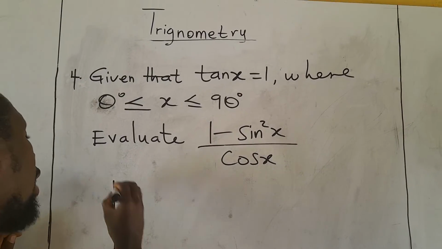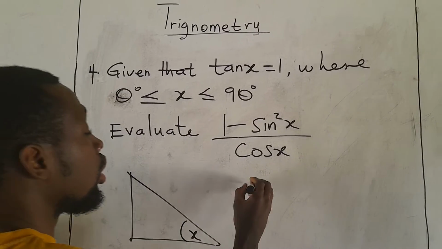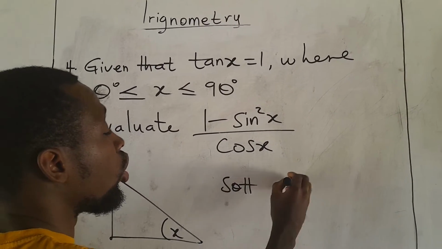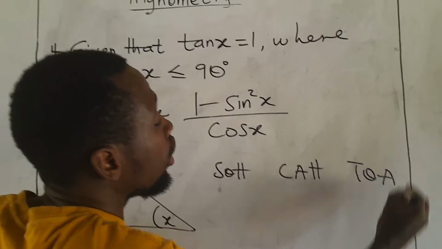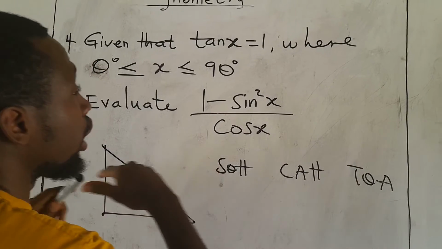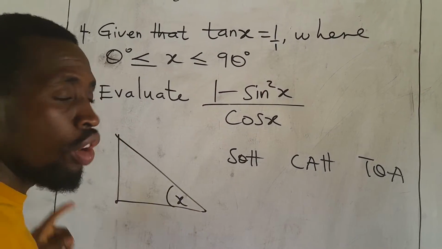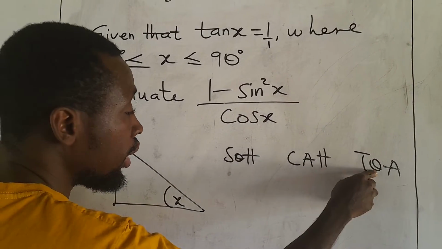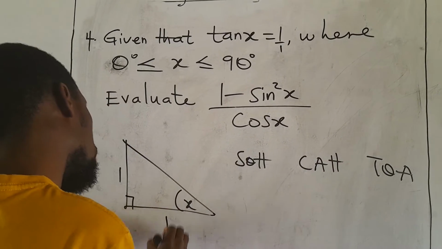So from our Pythagoras theorem, where x is the angle, remember our mnemonic scheme again, very, very important. SOHCAHTOA. The tan which is given is opposite over adjacent and is equal to 1. Remember, this is a whole number, so it's also over 1. That means the opposite is 1 and the adjacent is also 1.